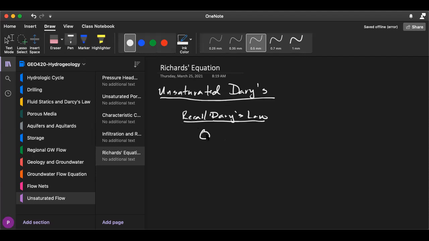So Autumn did the big Q, negative K A dH over dL. And if I do Q over A, that's equal to little q, and that's negative K dH dL. So this is for saturated media, right?